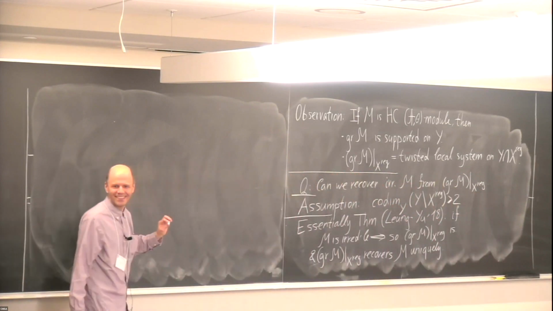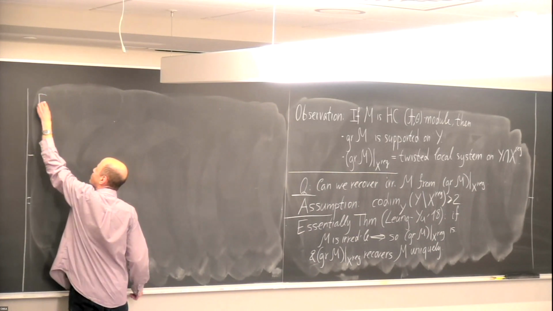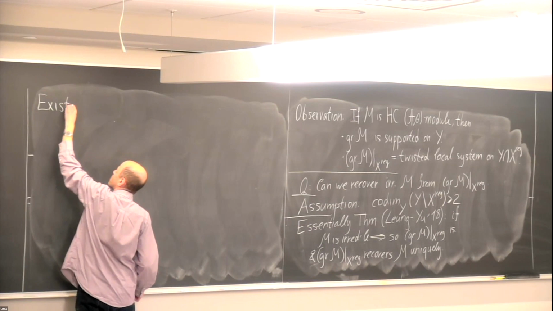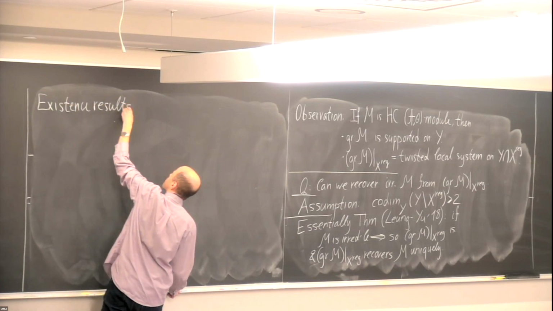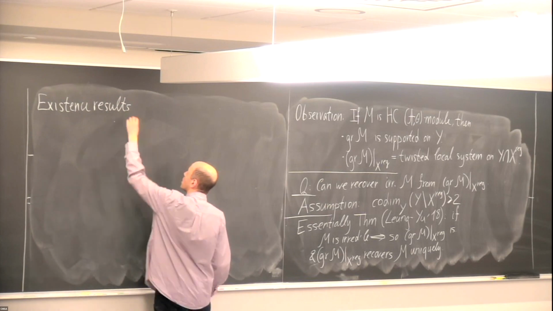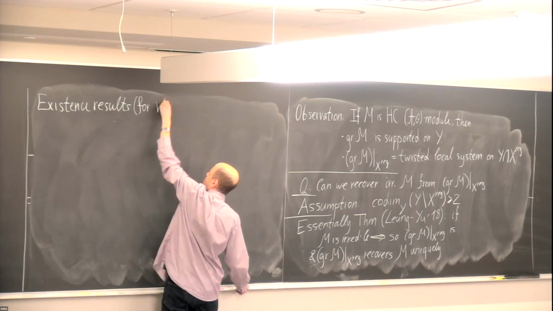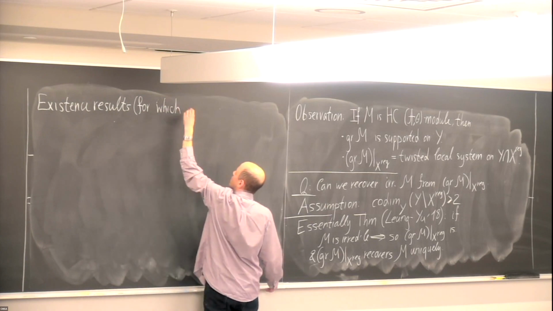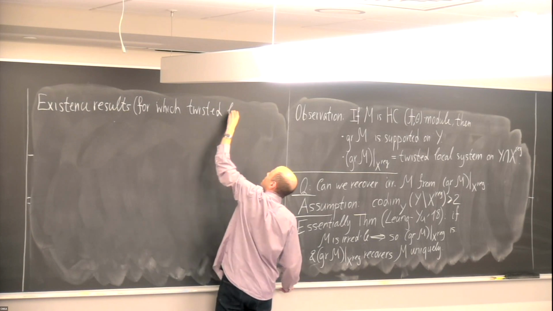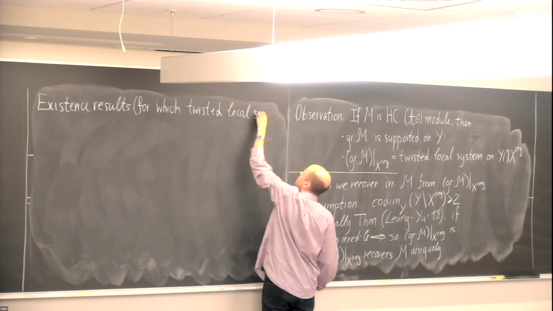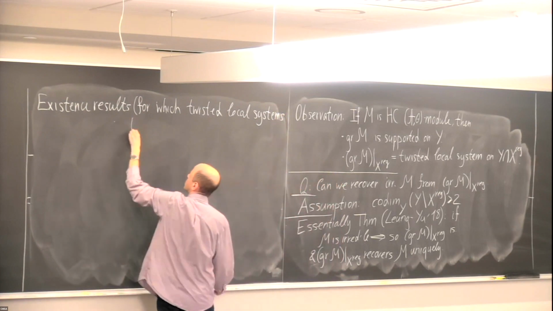So I want to finish by talking about existence results. And it's about the question for which twisted local systems there is a quantization.